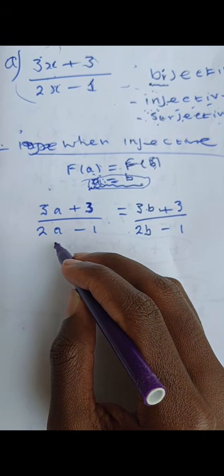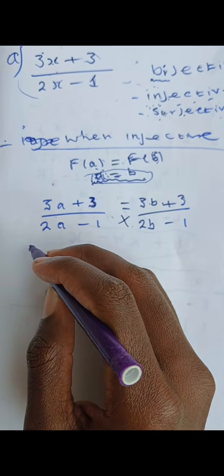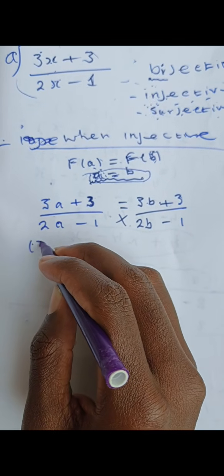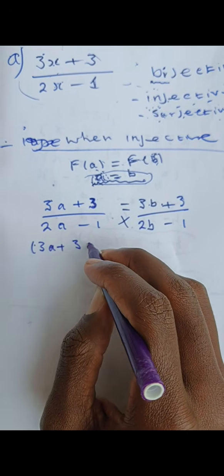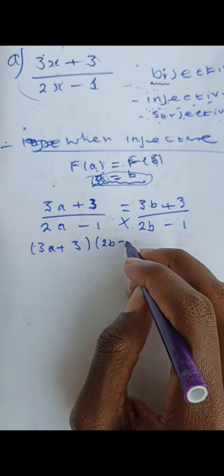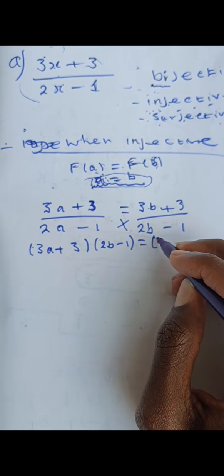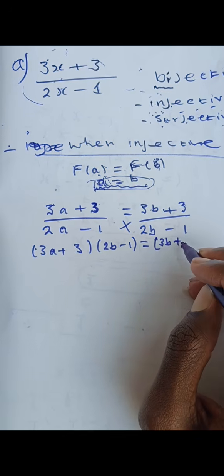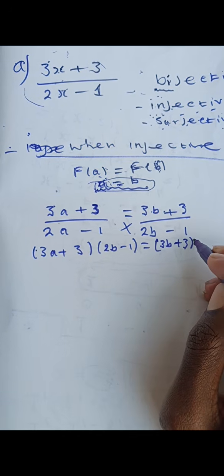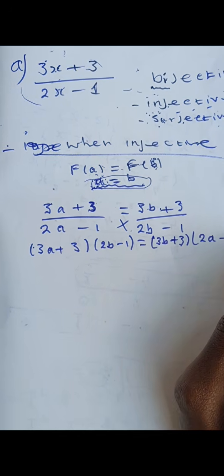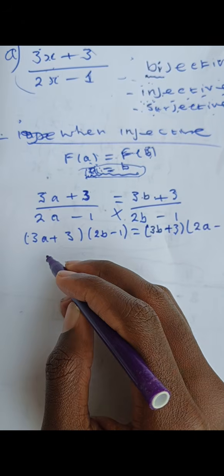So the first step here is to cross multiply: 3a plus 3 times 2b minus 1 is equal to 3b plus 3 times 2a minus 1.